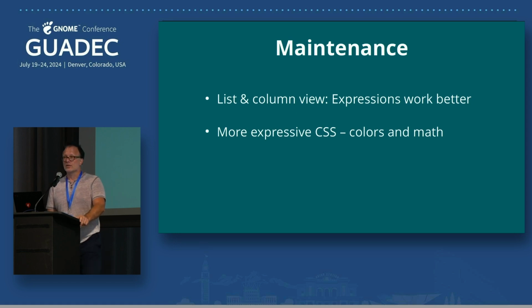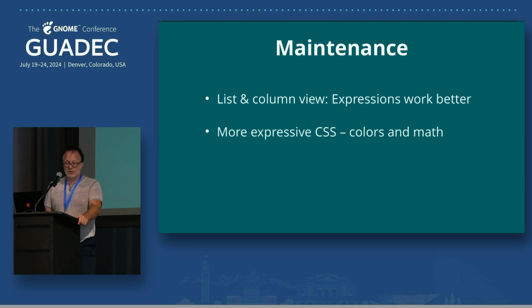Last thing to mention here is work on CSS color support that happened recently and was merged. We now support a lot more of the modern CSS specs around color and different color spaces, more expressive ways to express colors in your theme.